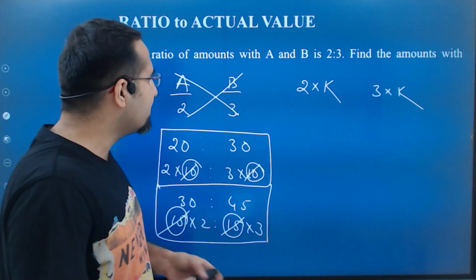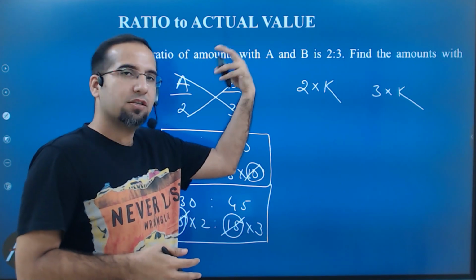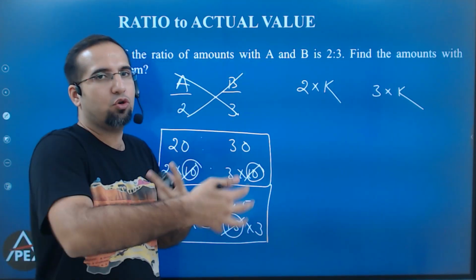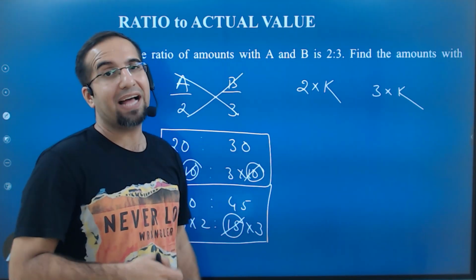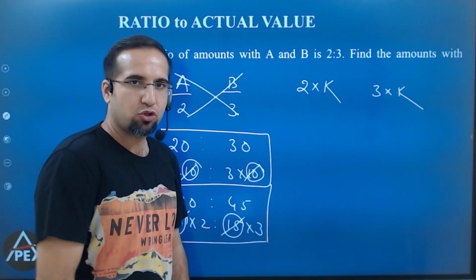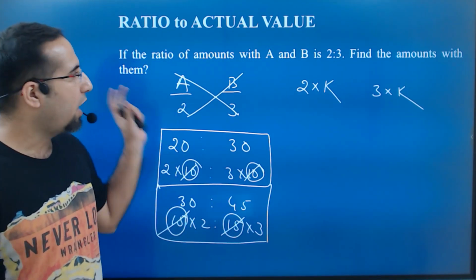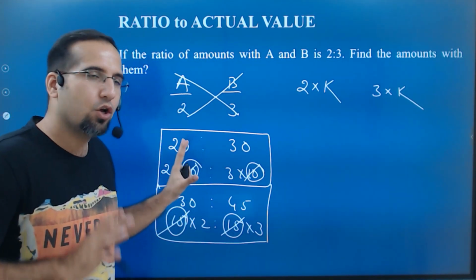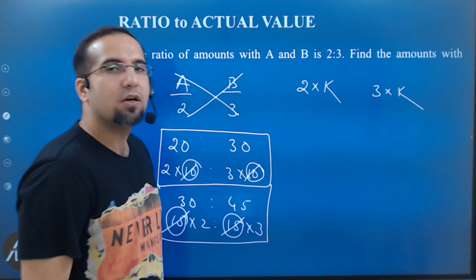So I cannot say that 2 and 3 are the values, because the question has to give me some other information to go ahead and calculate the value of K and determine the actual amounts with A and B. So the conclusion of this slide is, only with the help of ratio I cannot calculate anything. Only thing I can say is A has 2k rupees, then B has 3k rupees.